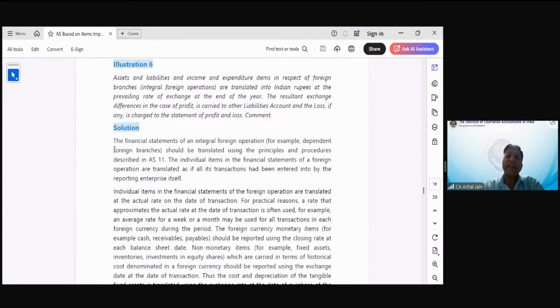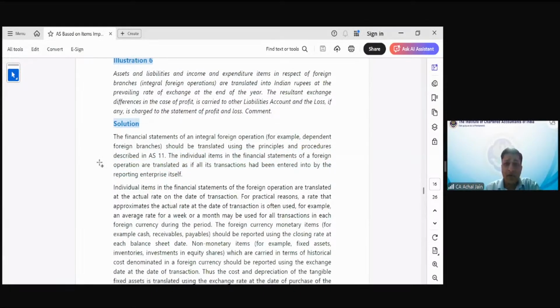Okay, so now financial statements of an integral foreign operation should be translated using the principles we discussed. Individual items in the financial statements are translated as if all the transactions had been entered into by the reporting entity only. So that's the principle that you follow.